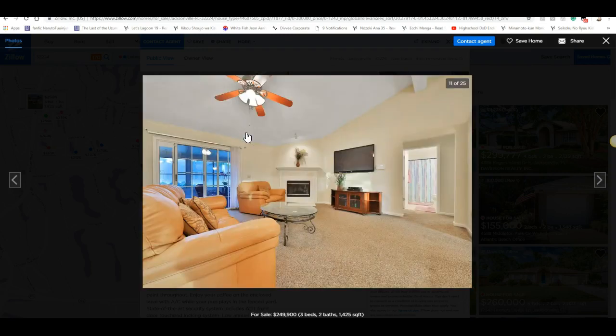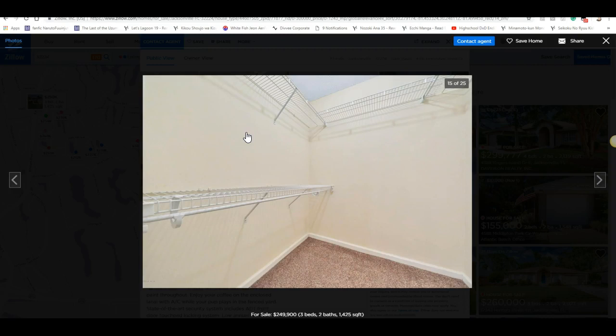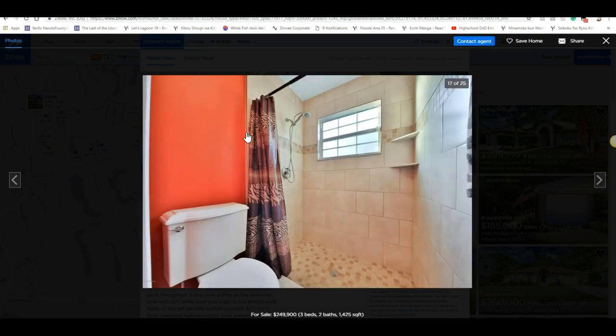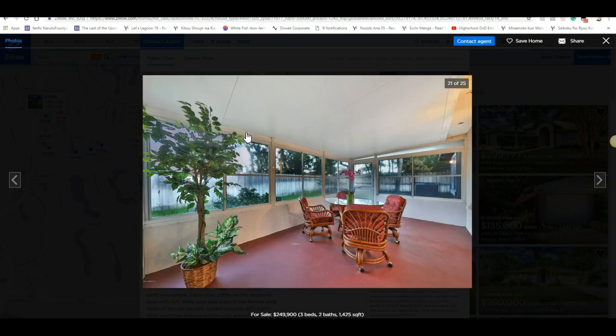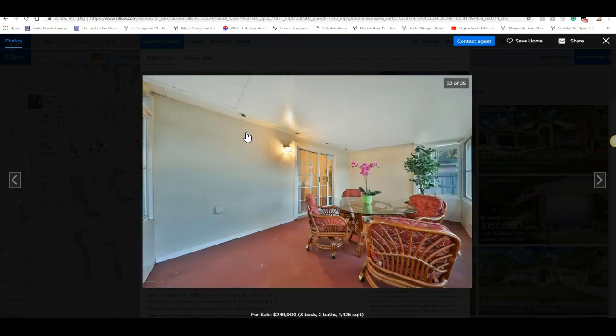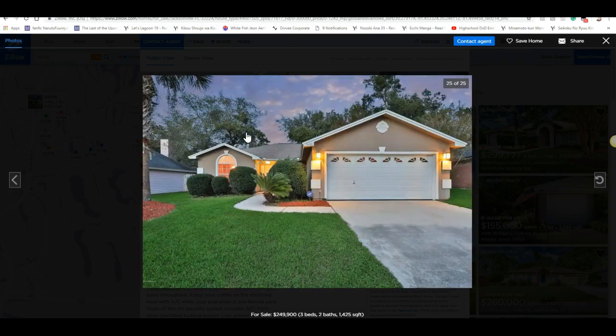It has a fireplace and a nice size closet. It has what they call a day room. We have these in Florida, a lot of homes have them. You can see the size of the yard. It's not really huge, but that's the average size of most yards in Jacksonville when you're living on that side of the city.